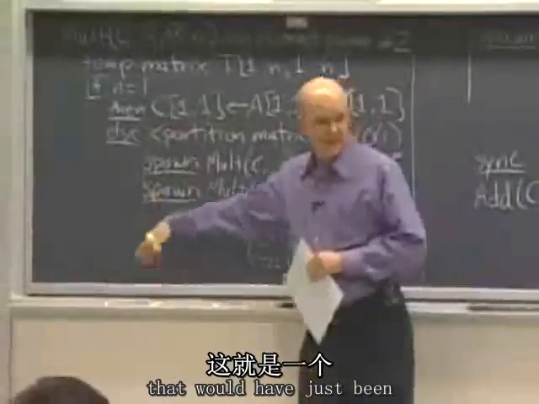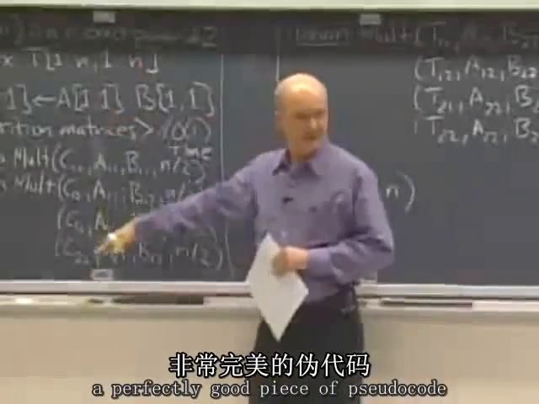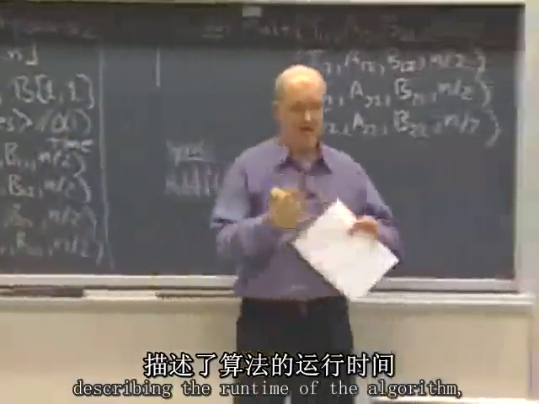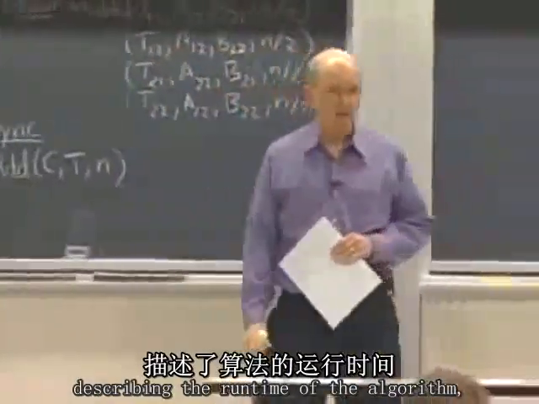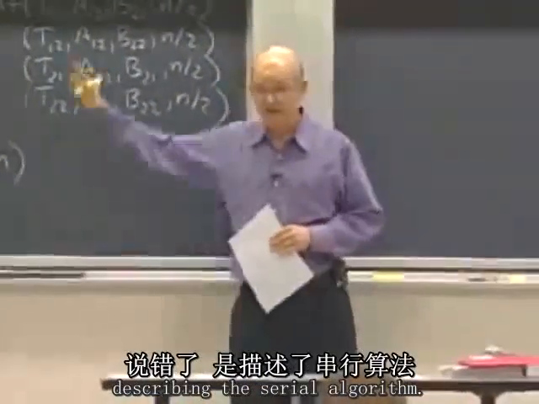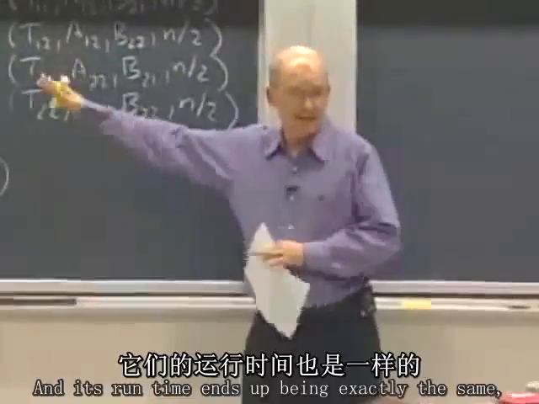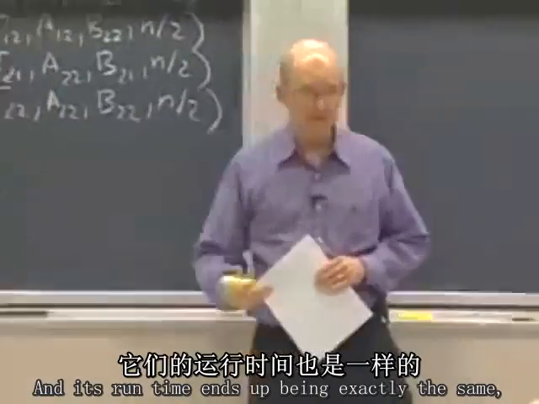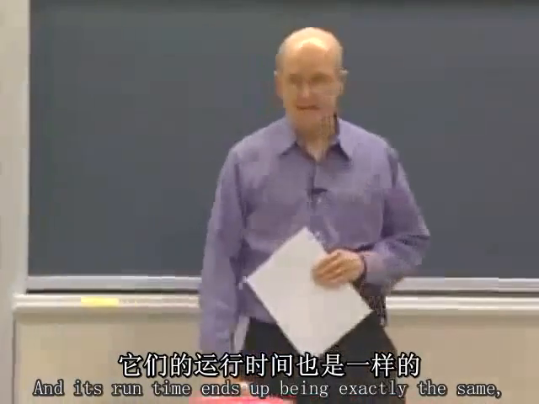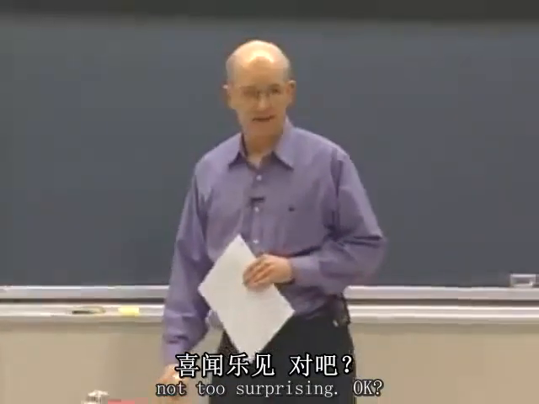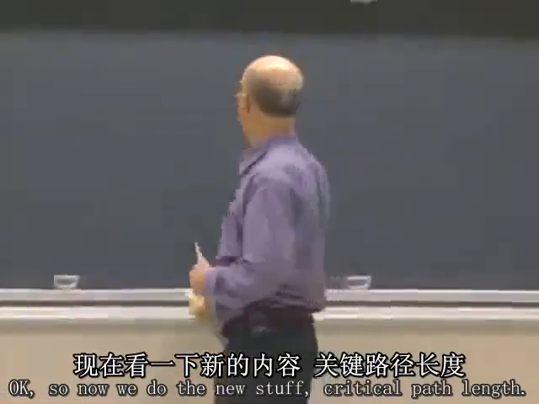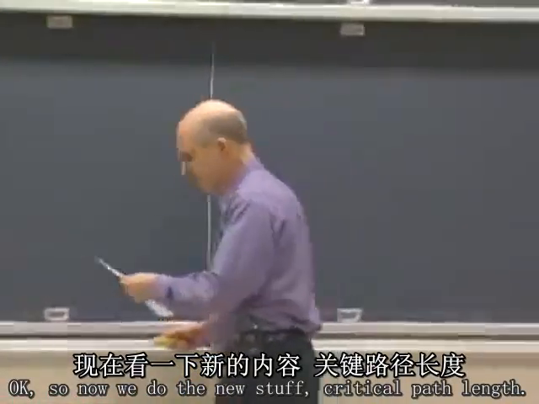That would have just been a perfectly good piece of pseudocode describing the serial algorithm, and its runtime ends up being exactly the same. Not too surprising. Okay, so now we do the new stuff.